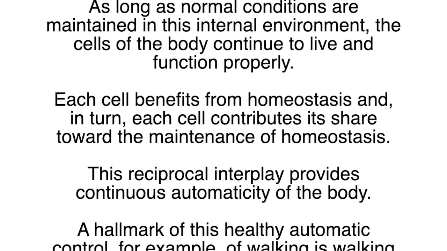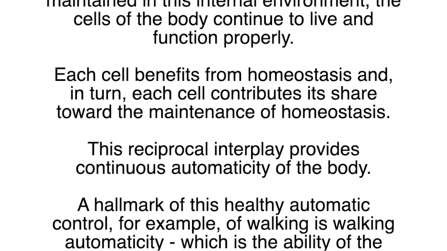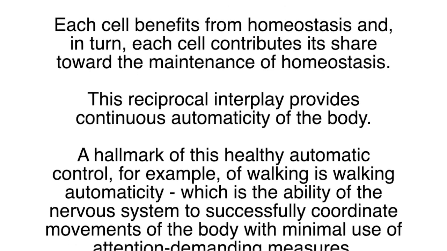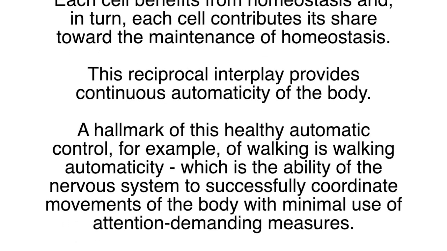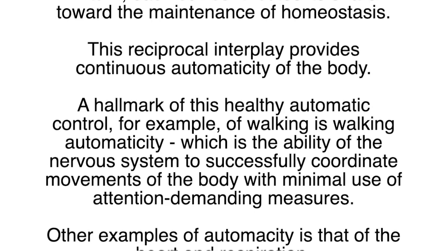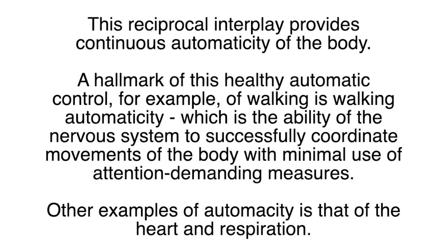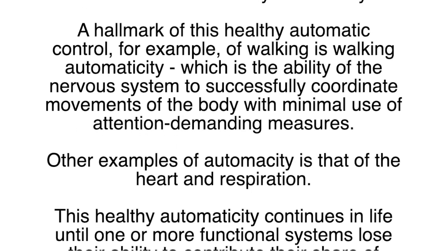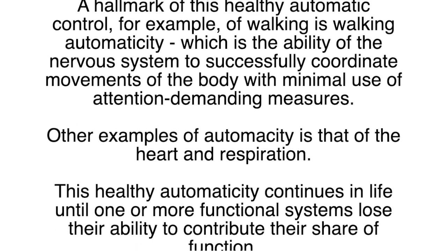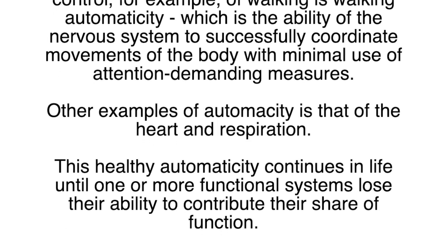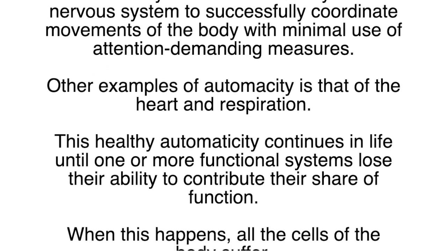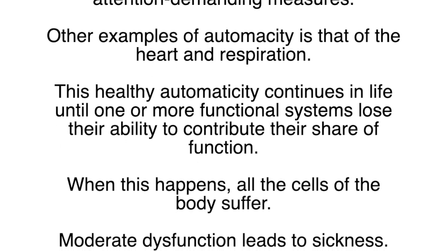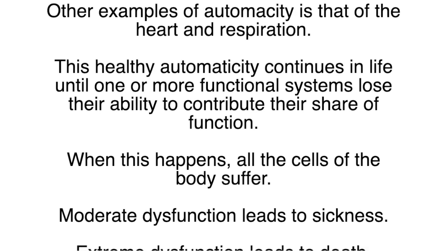Each cell benefits from homeostasis, and in turn, each cell contributes its share toward the maintenance of homeostasis. This reciprocal interplay provides continuous automaticity of the body. A hallmark of this healthy automatic control, for example, of walking, is walking automaticity, which is the ability of the nervous system to successfully coordinate movements of the body with minimal use of attention-demanding measures.